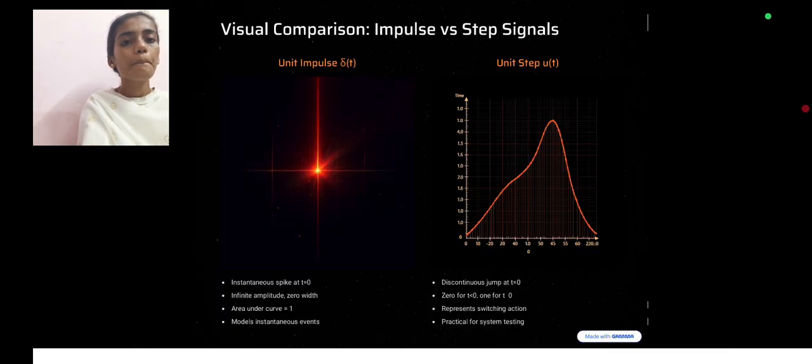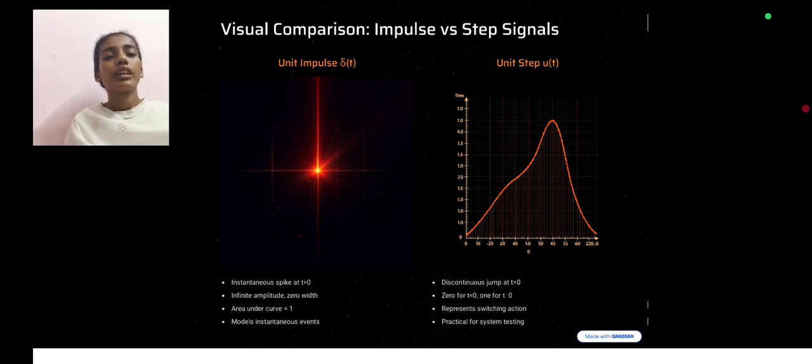Next, a visual comparison between impulse and step signals: unit impulse and unit step. Here we can see that in a unit impulse, there is an instantaneous spike at t equals 0.